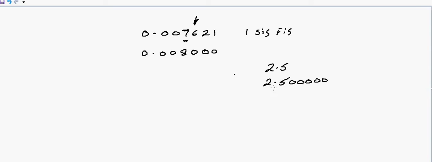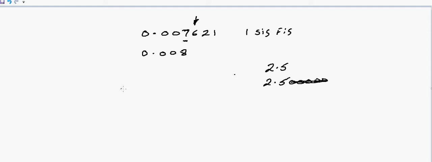It's still 2.5. So these zeros are not written in. So exactly the same, we don't write these zeros in because they have no value. So 0.007621 to one significant figure would be 0.008.